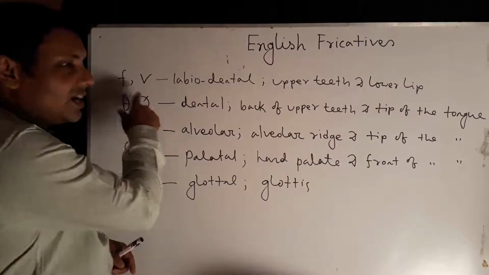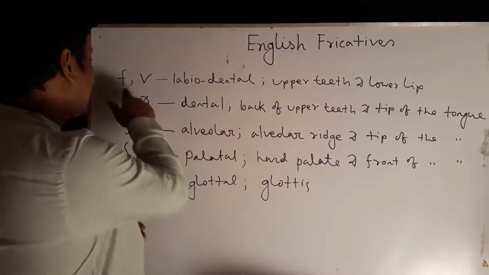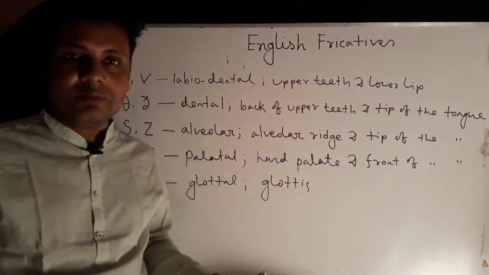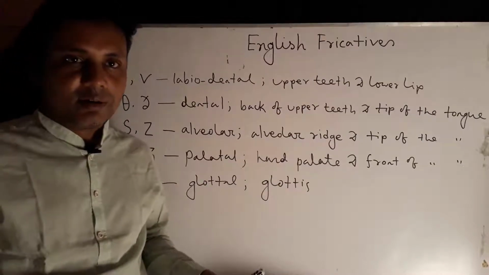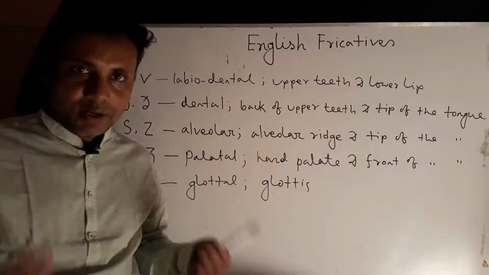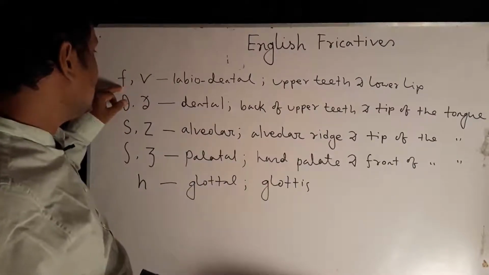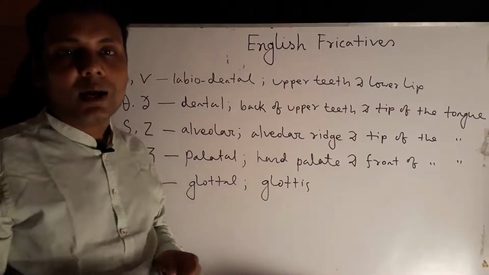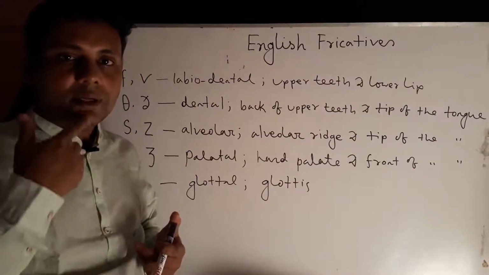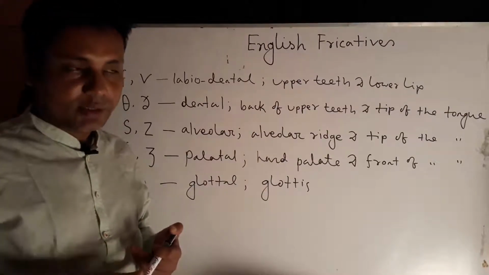So fa, fa, va. And remember that fa is not found in Bangla language. The fa of phul, we often replace it with Bangla pho. Actually, Bangla pho is a bilabial plosive.